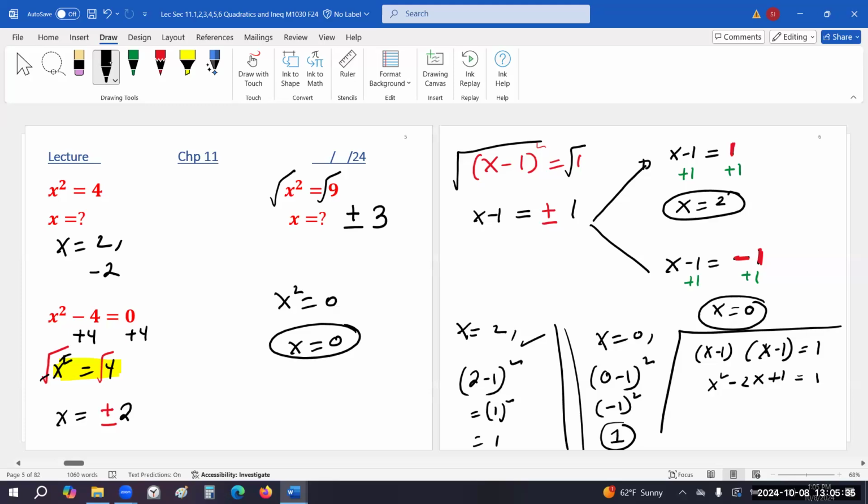We take the first equation as positive and the second equation as negative, and then solve them individually. That is our goal. That's why we like quadratics, because you don't have to do hard math. You can take the square root and then solve each equation separately.